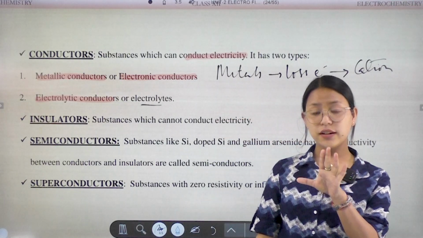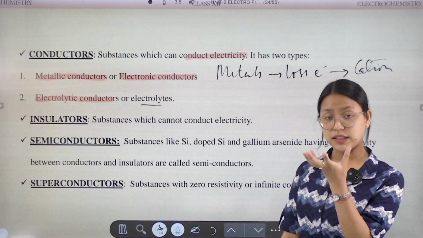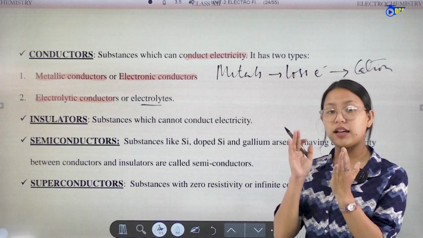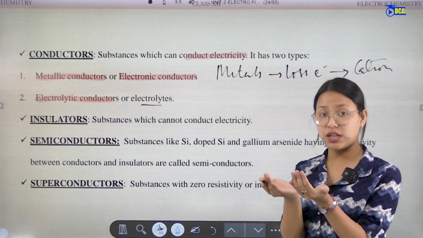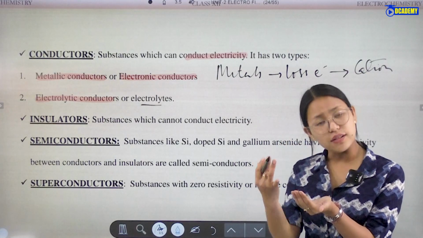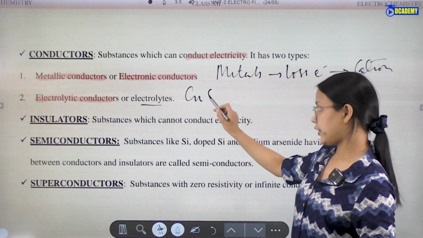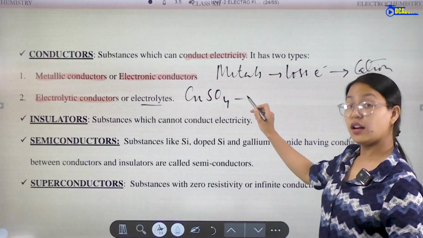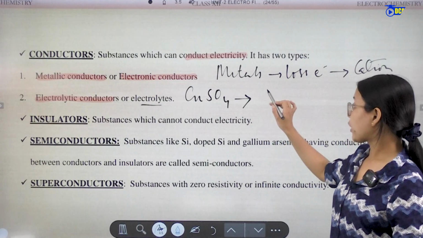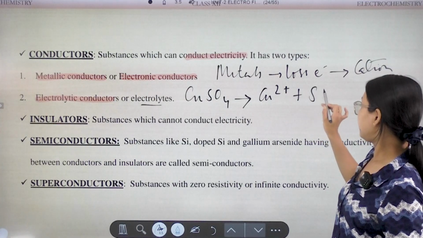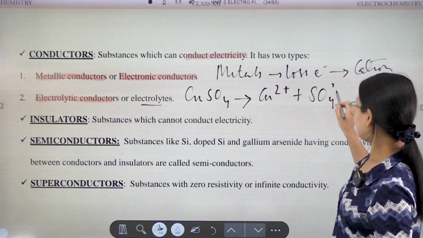When there is an electricity source, a current, the electrolytes dissociate themselves into ionic form. For example, copper sulfate gives copper 2 plus and sulfate 2 minus.